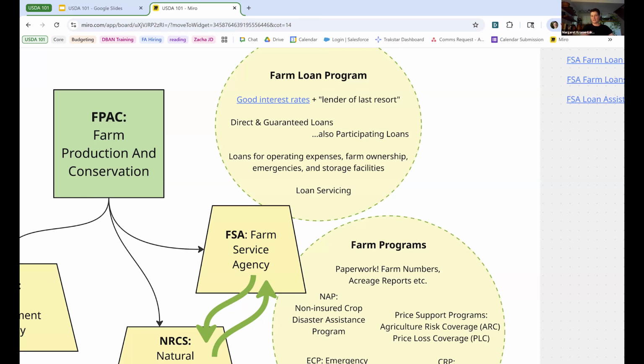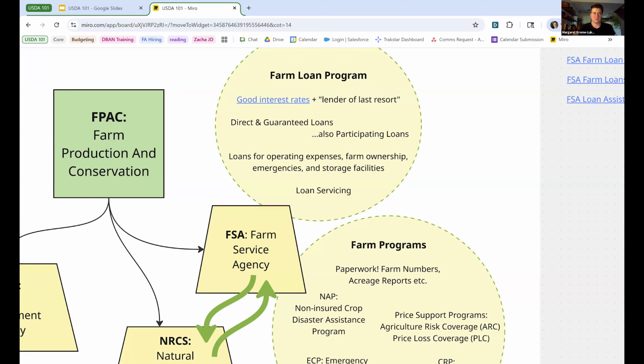So you can extend the number of years on the loan and thereby lower the payment and make it more realistic for a farmer. You can set aside a payment for that year. There are a lot of options, specifically that FSA offers, and direct service providers can help farmers navigate those options. You do have to reply promptly if you're going to take advantage of many of those options or they go away.